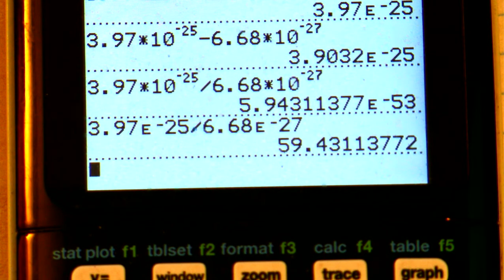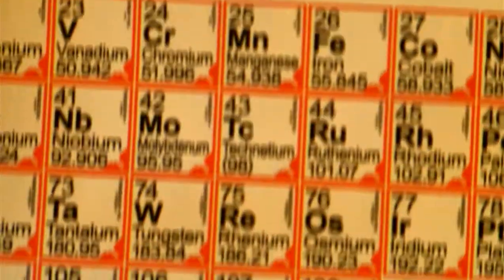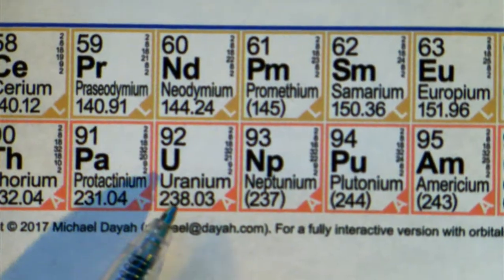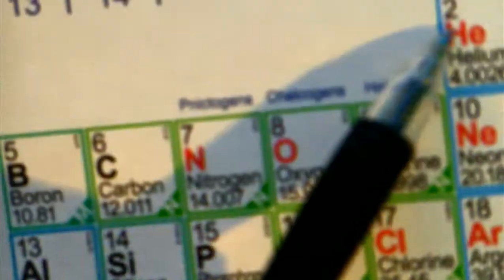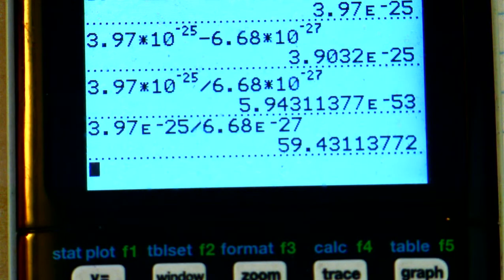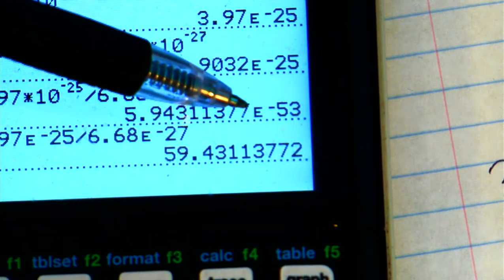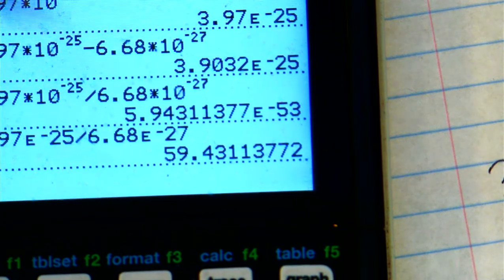This says it's 59.4. That's good. That's saying that the mass of a uranium atom is around 54 times the mass of a helium atom. Okay, so look, horribly wrong answer, correct answer.